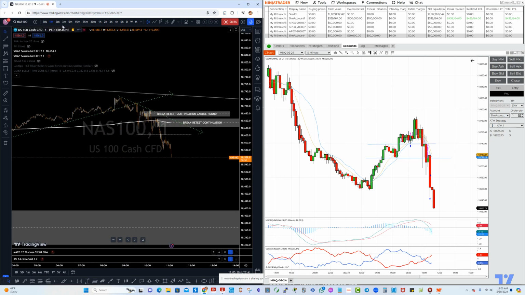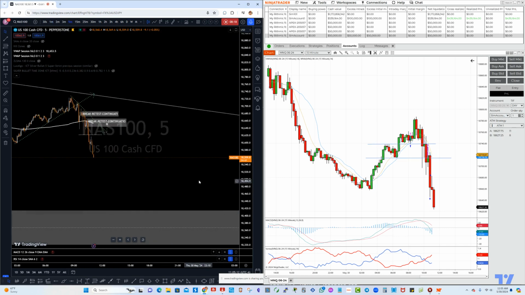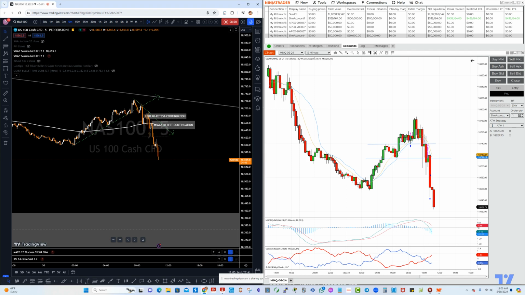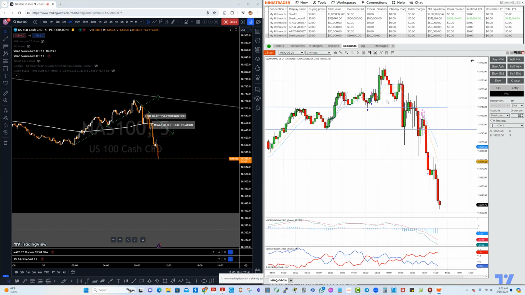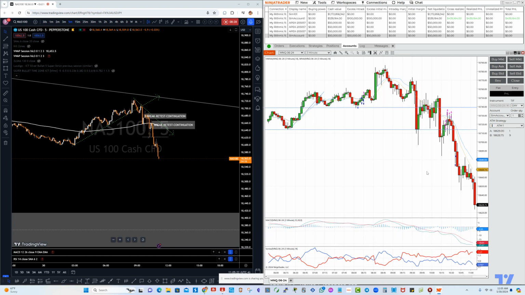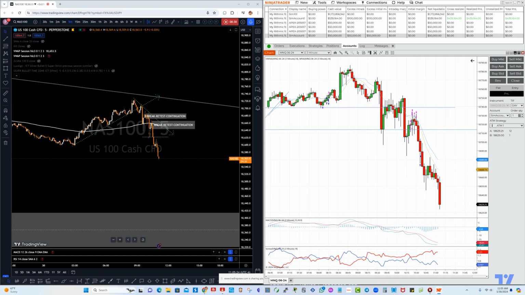So based on 5 minutes, I can now work on other minutes below it. So if I don't see setup on 5, I will see setup on 3. So look at this right here. If I got this and I got this pullback right here, look at that.